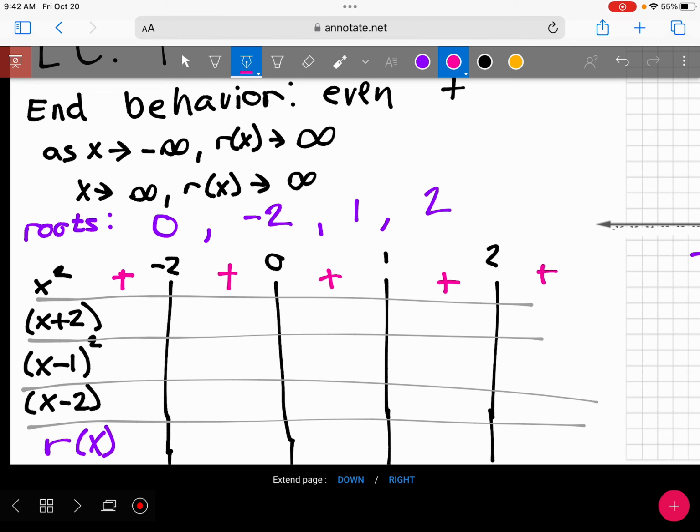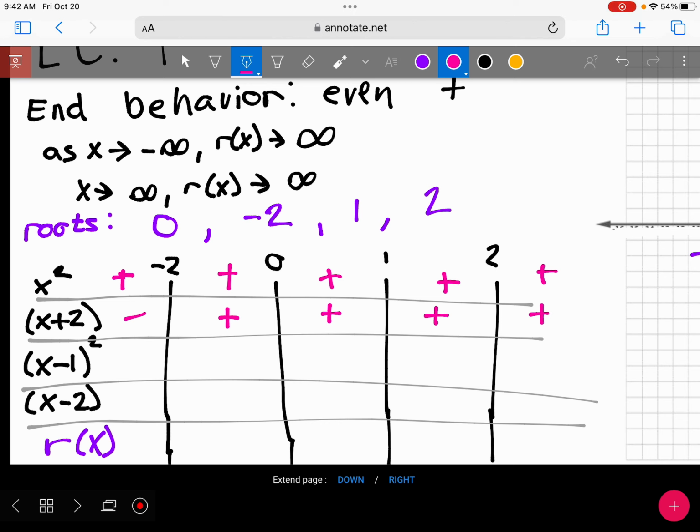It's always positive. How about for x plus 2? If my x is smaller than negative 2, is this positive or negative? Negative. If it is between negative 2 and 0, positive. Between 0 and 1. Between 1 and 2. Bigger than 2. Positive. Okay.